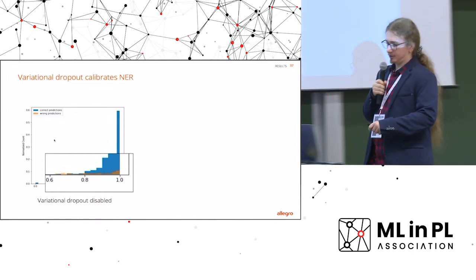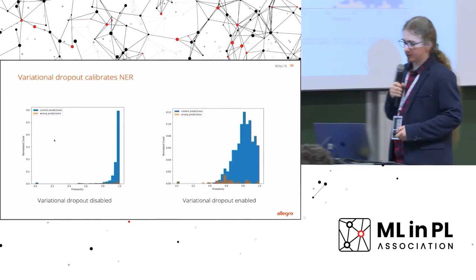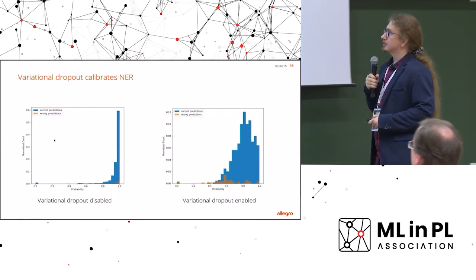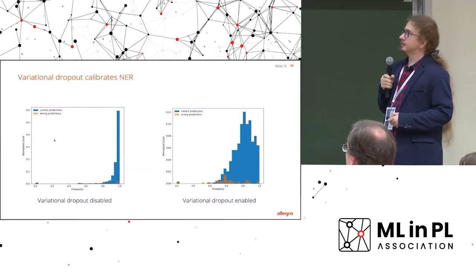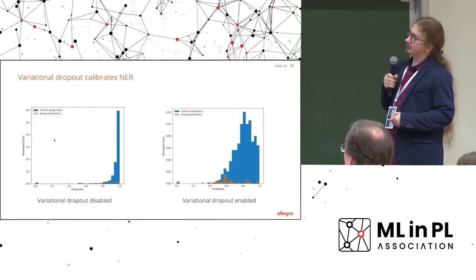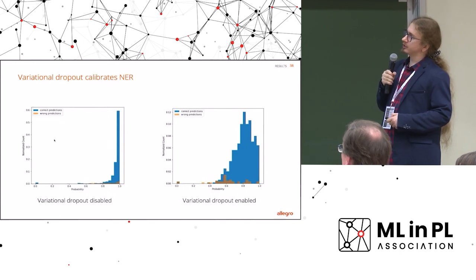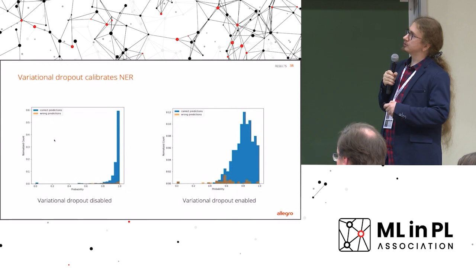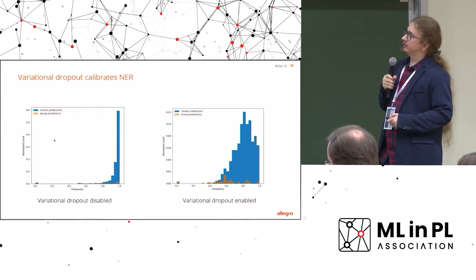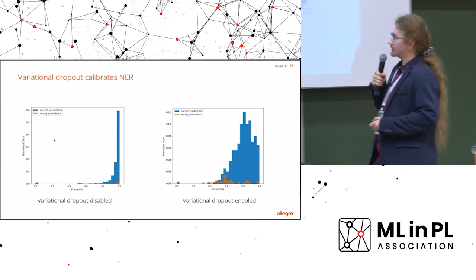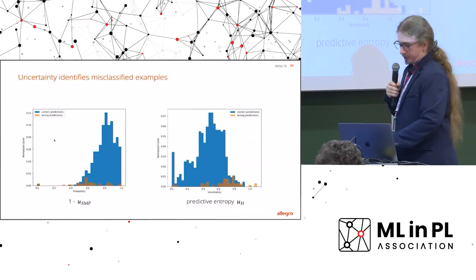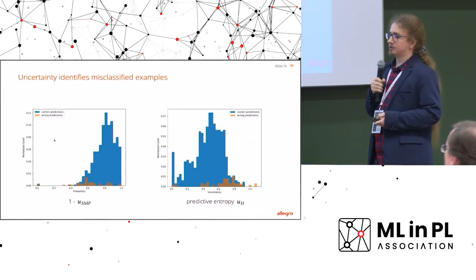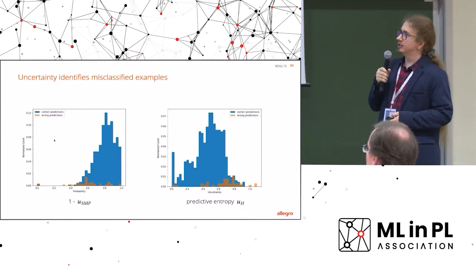And then just by introducing variational dropout, you can see that the calibration becomes much better because most wrong predictions have low probability, and most correct predictions have high probability. So with something like that, we can then obviously identify misclassified examples.